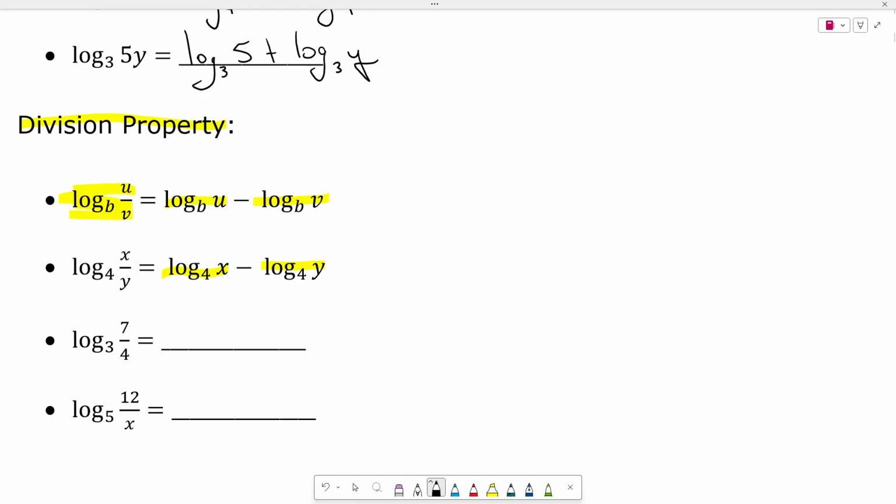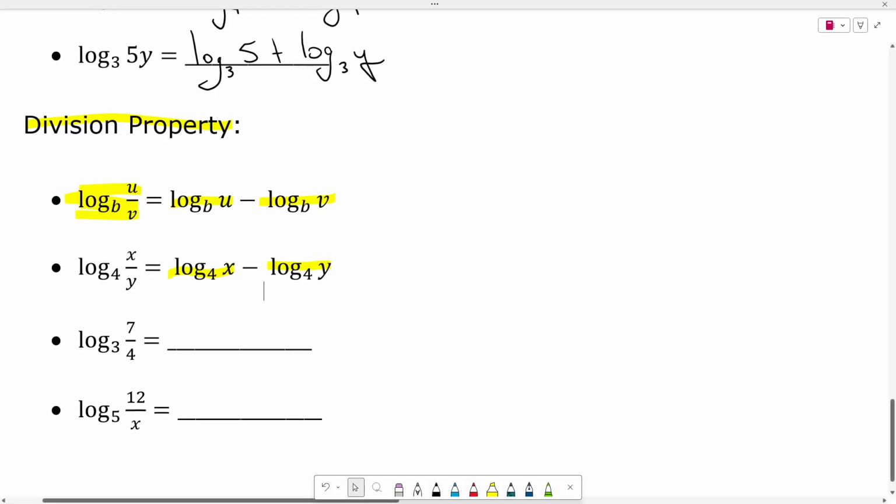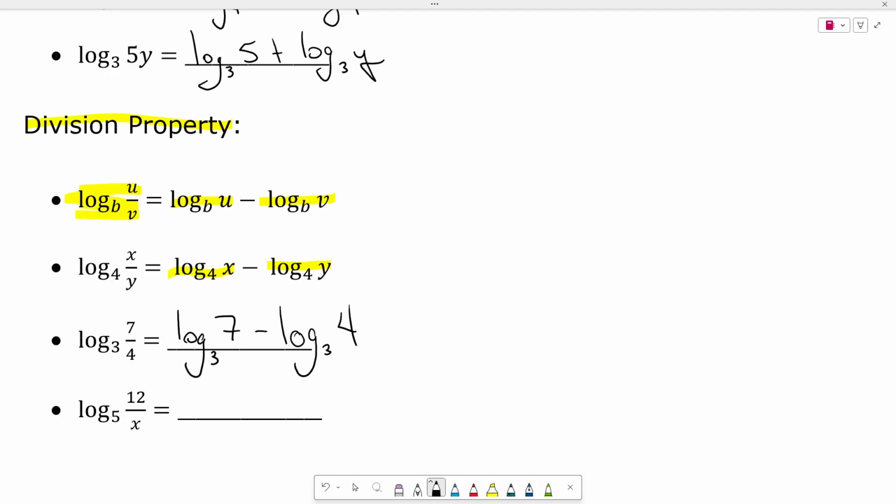So in my next one here, I'm going to do the log base 3 of 7, my numerator, minus log base 3 of 4. The numerator minus the denominator as we go through these.